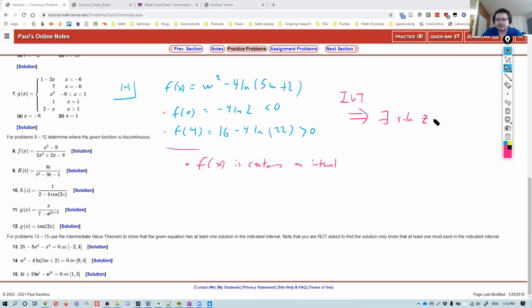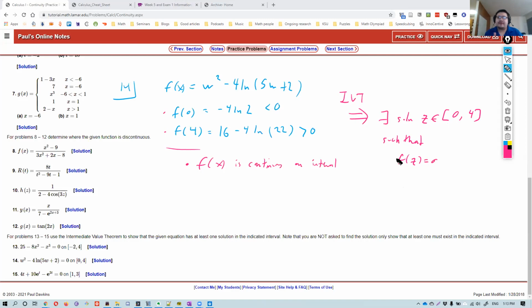Let me call it Z. There exists some value Z inside of the interval in question, 0 to 4, such that f of Z is equal to 0. And this is precisely what the problem is asking us to find: the existence of this number that will make it equal 0.